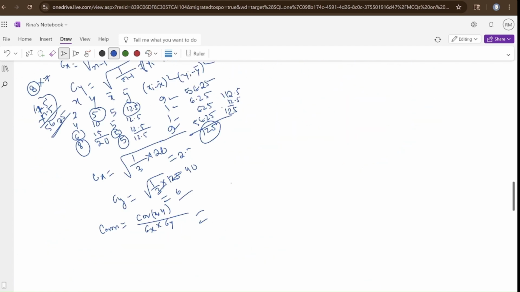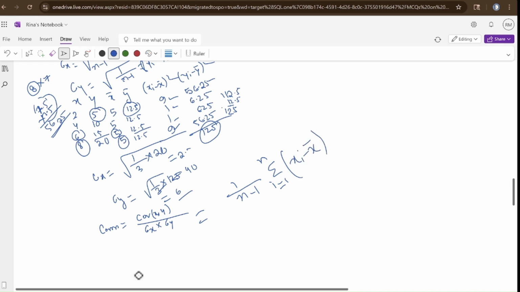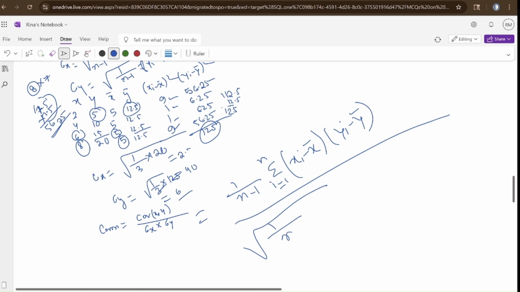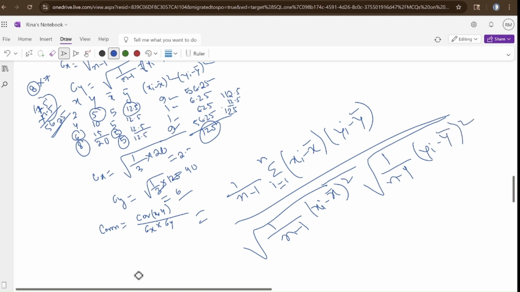Now the formula of covariance is 1 by n minus 1 sigma i equal to 1 to n, xi minus x bar, yi minus y bar, divided by sigma x into sigma y. See, root over 1 by n minus 1 xi minus x bar square. Again, root over 1 by n minus 1 yi minus y bar square.